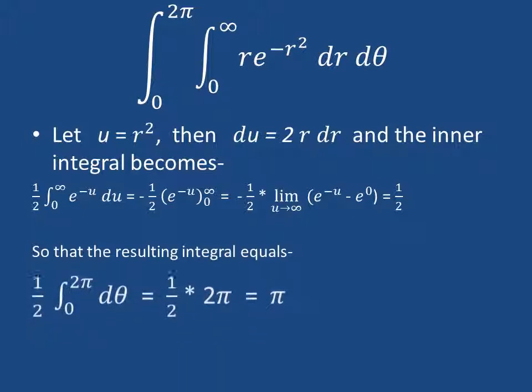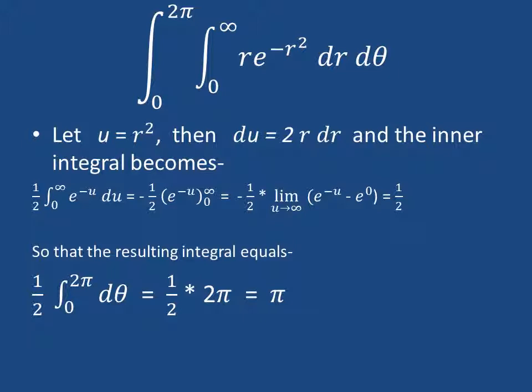Therefore, the resulting integral, evaluating the outer integral in terms of theta, gives us the 1/2 we just found, evaluated from 0 to 2 pi of d theta. And it's very simple. You can do this substitution yourself.